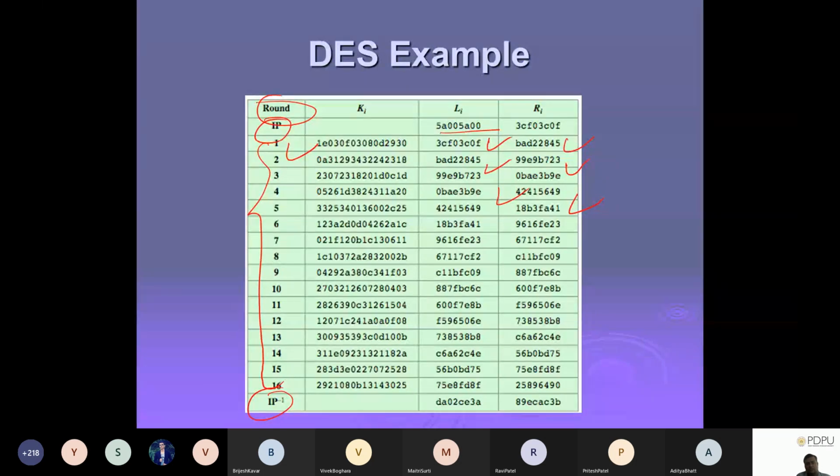So of course, 2 raised to 56, you cannot try all the permutations of a key. It's like I'm giving you a file and asking you to decrypt it using a brute force attack with all possible keys. You can, but time is money. If it will take years, there is no meaning in doing this.